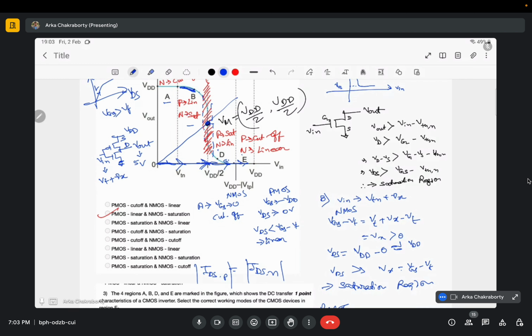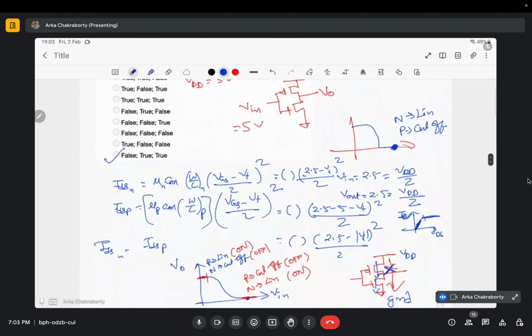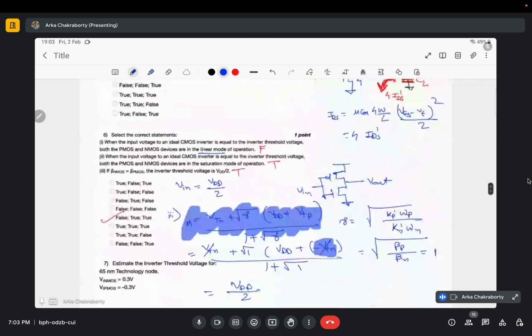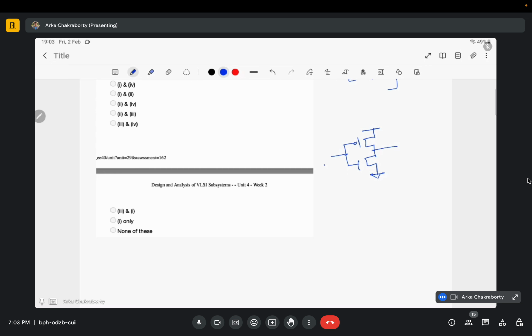Now we will see why. Let me draw an inverter at some free space. Say this is an inverter, and I have applied some input voltage here, say VDD. So initially only my NMOS will be turned on, and if there is any voltage stored here, it will get discharged.